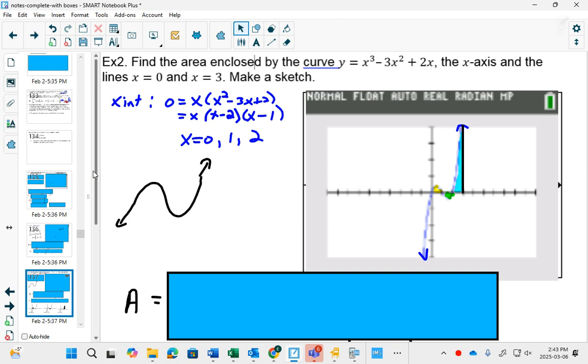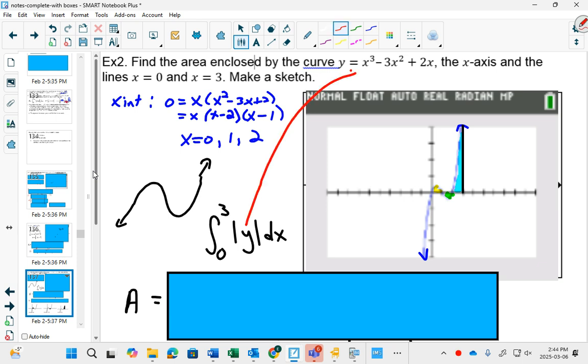Again, if you want to double check this and you have your calculator, let's say you get your answer and you want to know if you got this right. You could do the integral from 0 to 3 of the absolute value of y dx. Do you see that y is all of that, and I'm lazy, and I'd much rather write the y than write all of the inside? That's perfectly fine.